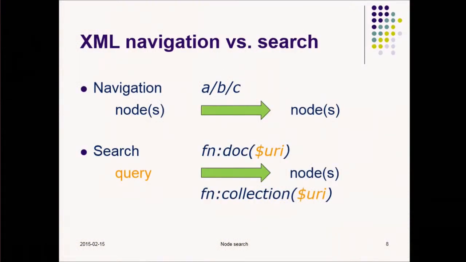So XPath excels in navigation, the movement from nodes to nodes guided by node properties. But there is little support for a related operation, node search, which also leads to nodes but does not start with nodes. It starts with a query, information about the nodes of interest.